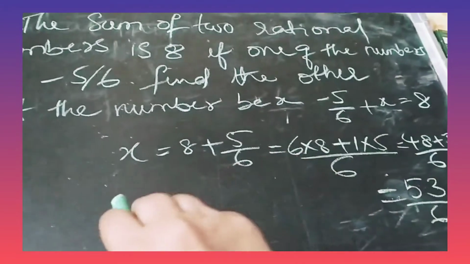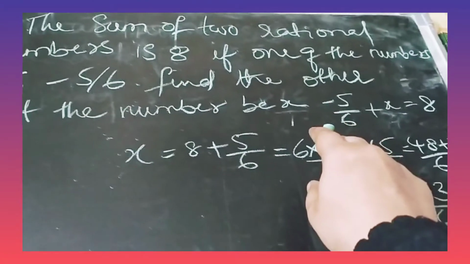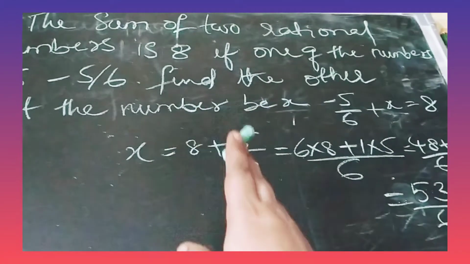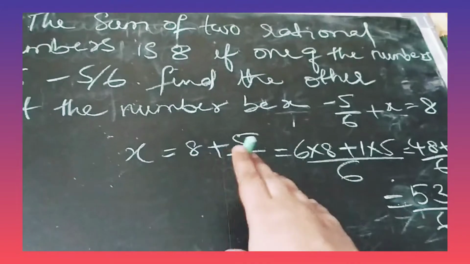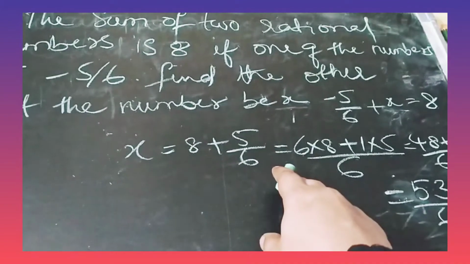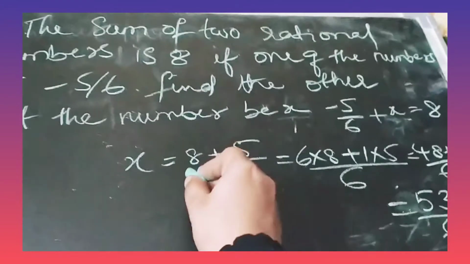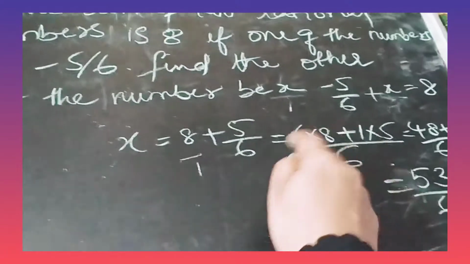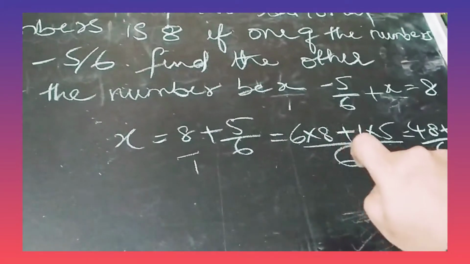Now x is equal to 8 minus 5 by 6. We are taking it to the right hand side now, so we have to write minus 5 by 6 as plus 5 by 6. Again you have to take LCM. LCM is 6 here, so 1 into 6 is 6 only. 6 into 8 plus, how many times does 6 go in 6 table?